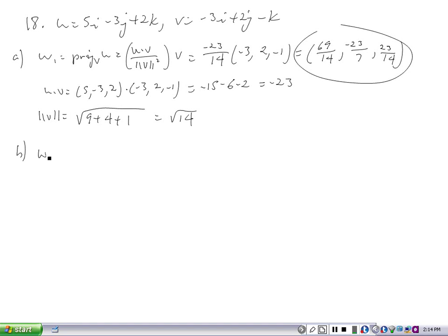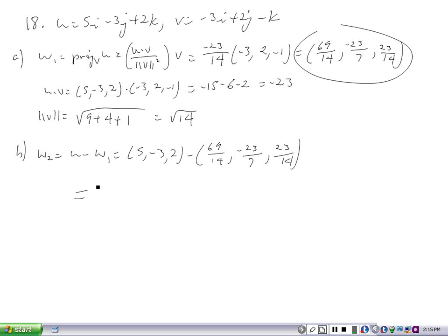Part B, W sub 2, you want to look for the vector component of u orthogonal or perpendicular to v. So this is just u minus W sub 1. And u is given as 5 comma negative 3 comma 2 minus this scary vector 69 over 14 comma negative 23 over 7, and then 23 over 14.